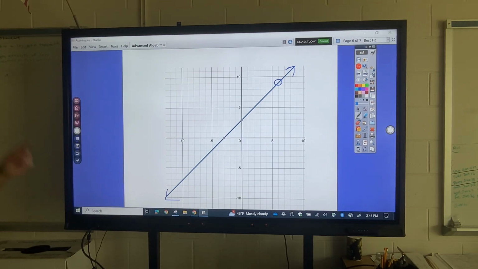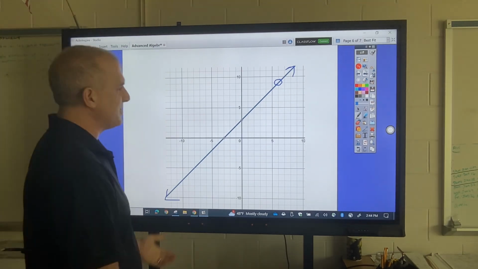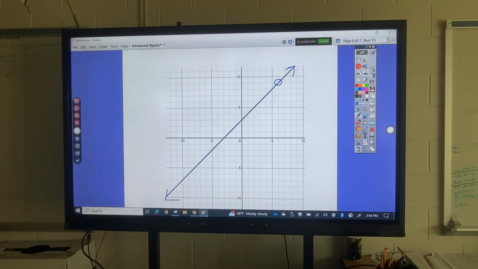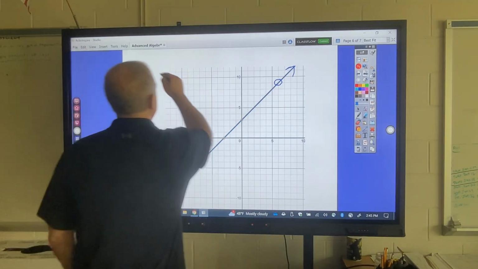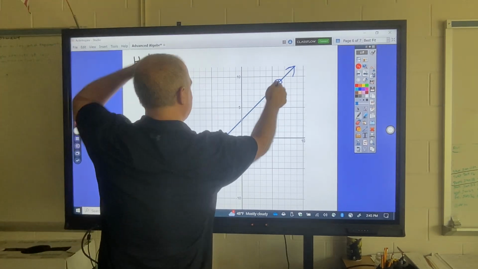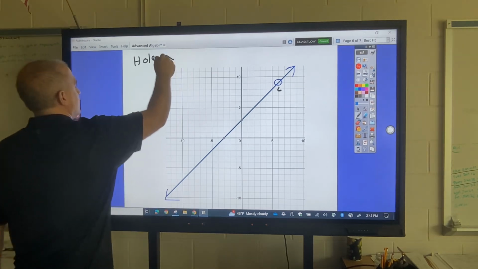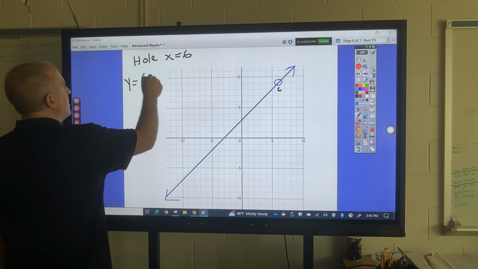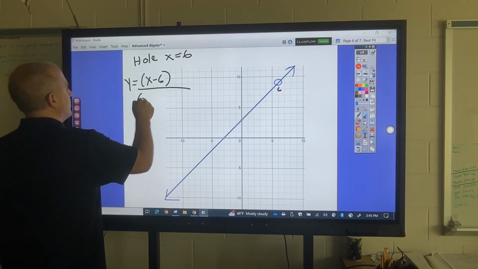Now, if I look at this one, I say, Mr. Evans, what do we do with this one? This one doesn't have any asymptotes, but it does have a hole. Where would that hole be? Well, that hole is at 6. Now, what would that mean? That would mean that I have this.